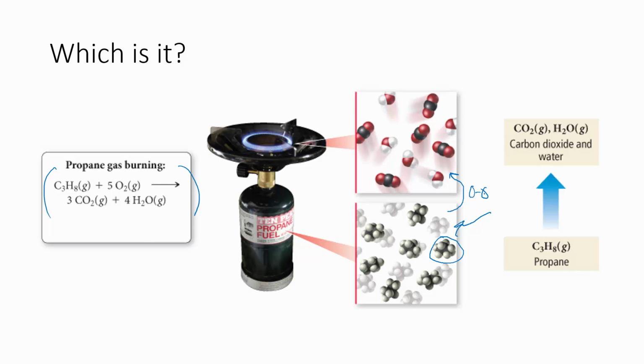And the oxygen that they're reacting with is resulting in 2 new compounds, carbon dioxide and water vapor. So what we start with is a different chemical species than what we end with. So this obviously must be a chemical change.